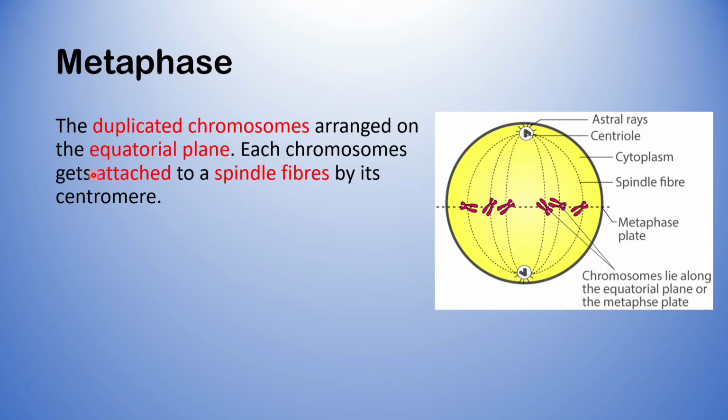Each chromosome gets attached to a spindle fiber by its centromere. These are the spindle fibers from the two daughter centrioles, or the asters, attached to the centromere of each chromosome, and the chromosomes lie on the middle or equatorial plane called the metaphase plate.